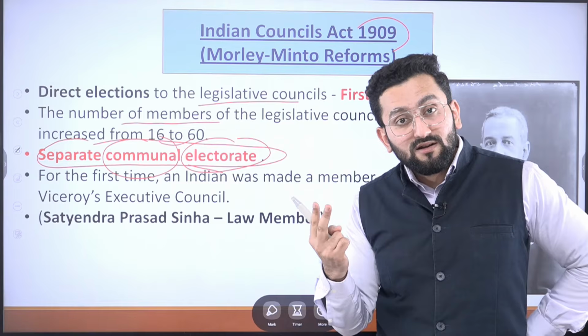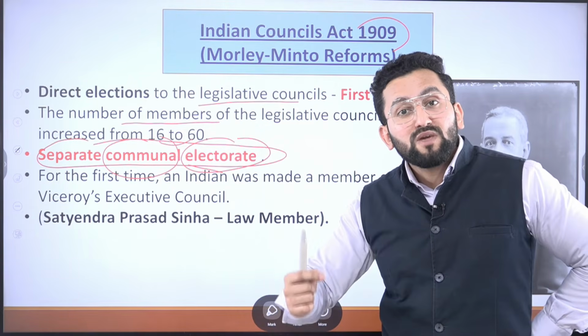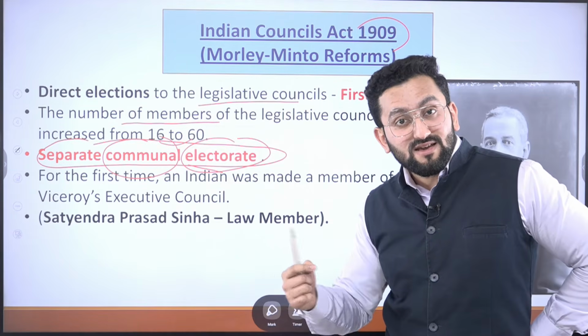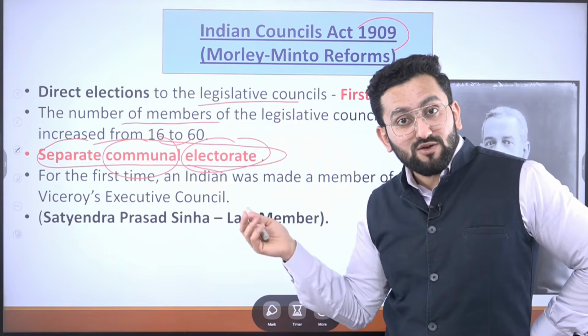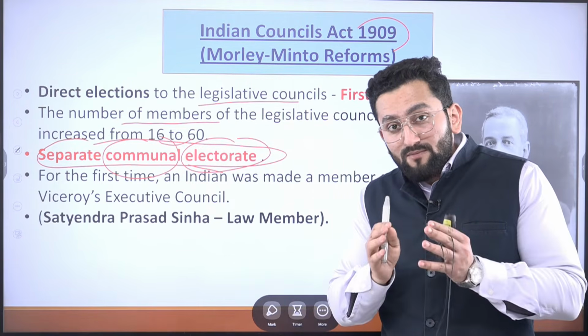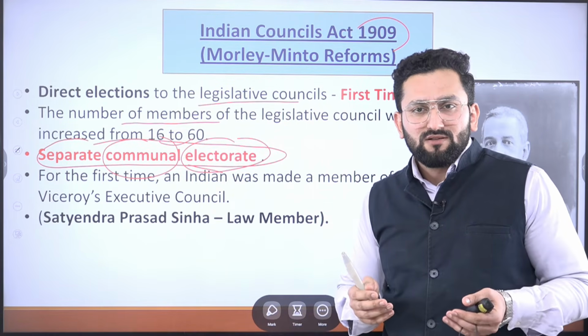And second, the representative will only come to the door of the people who are going to vote, who are going to ensure his success and his candidature after election. So this will actually have a negative connotation.